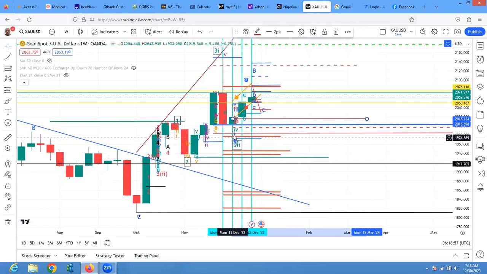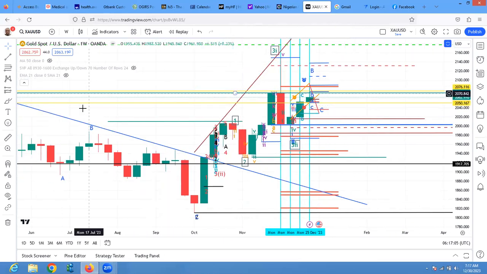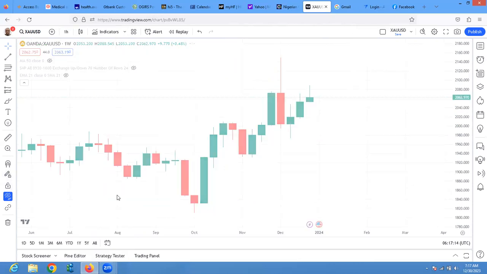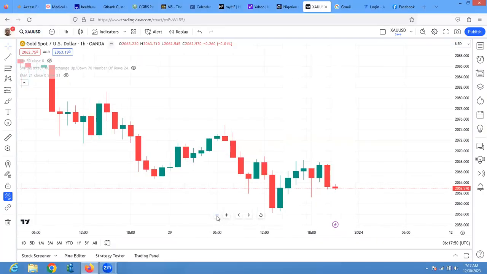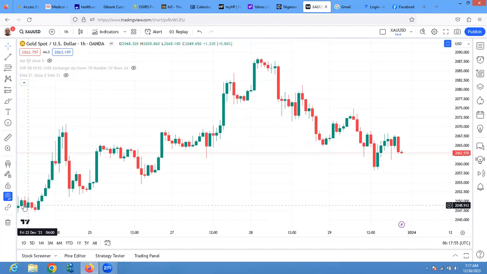So we are seeing ourselves as correcting the move to the upside, but this will be a tough call for price to break. So if we go back to the 1 hour time frame, so back to the 1 hour time frame.